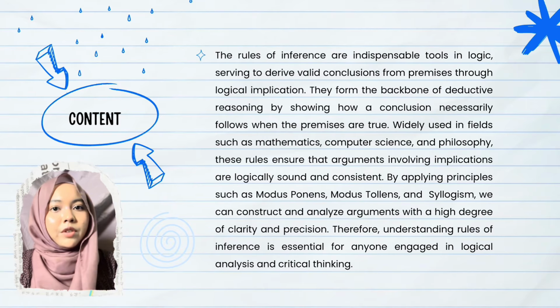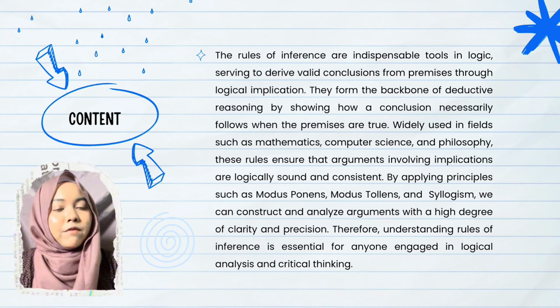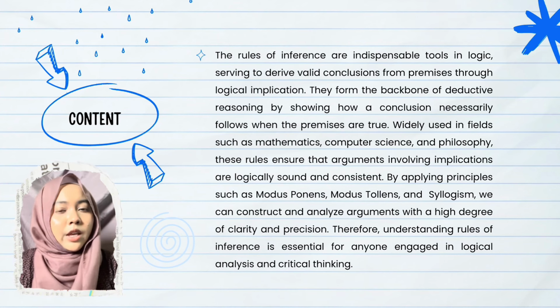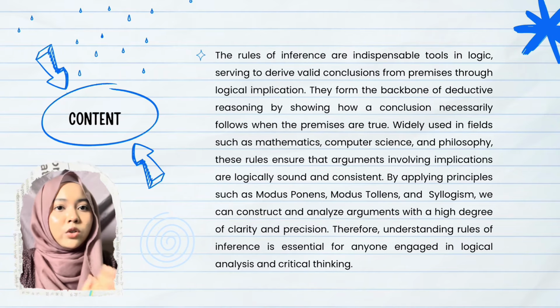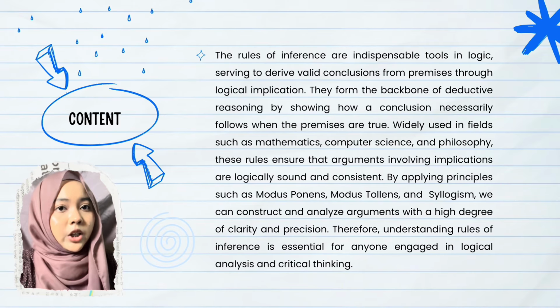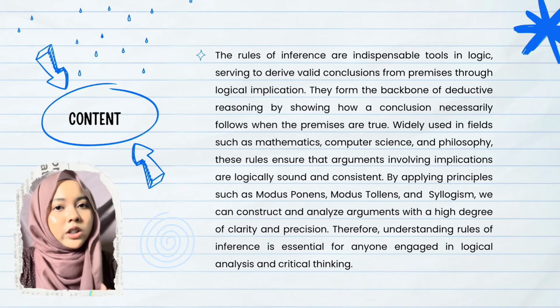The rules of inference are indispensable tools in logic, serving to derive valid conclusions from premises through logical implication. They form the backbone of deductive reasoning by showing how a conclusion necessarily follows when the premises are true. Widely used in fields such as mathematics, computer science, and philosophy, these rules ensure that arguments involving implications are logically sound and consistent.